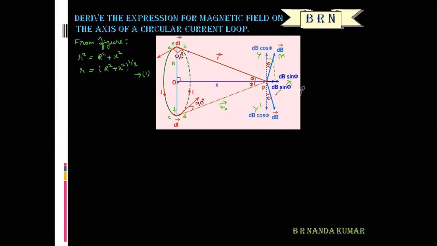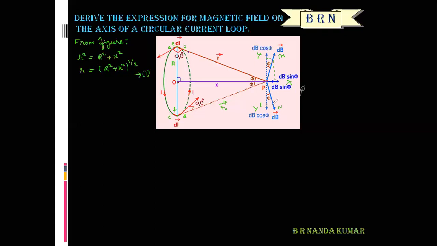In a similar way, the dB vector along Pn, let us consider this is n, also splits into two rectangular components: dB cos phi along Py dash and dB sin phi along Px. Here also we have to choose an imaginary rectangle.